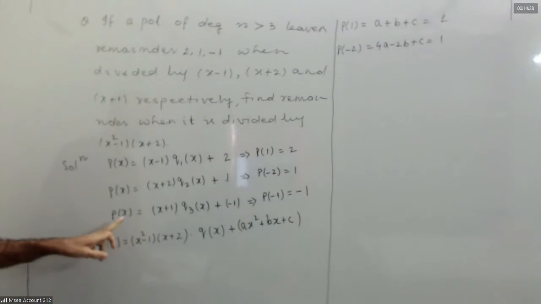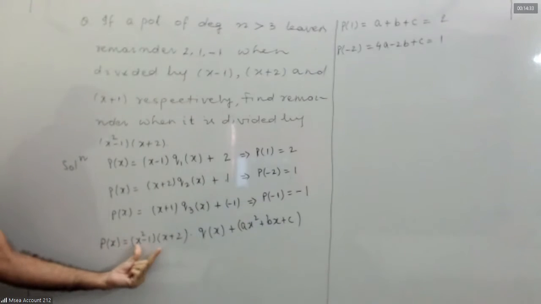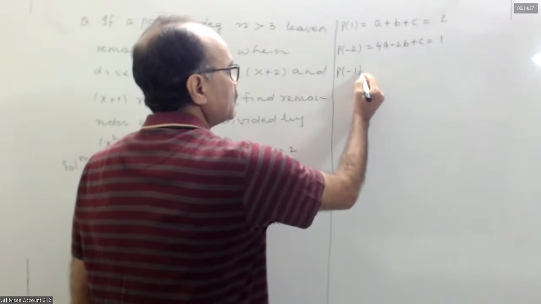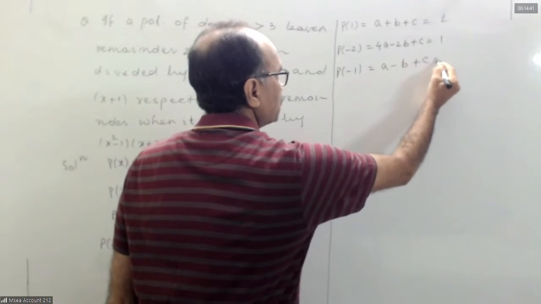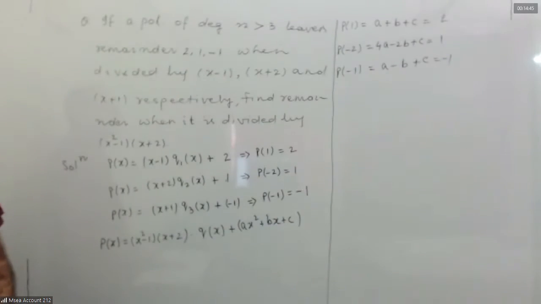Next, P of minus 1 is minus 1: put x equal to minus 1, again this will be 0, so A minus B plus C equals minus 1. By solving these three equations, we can find A, B, C.